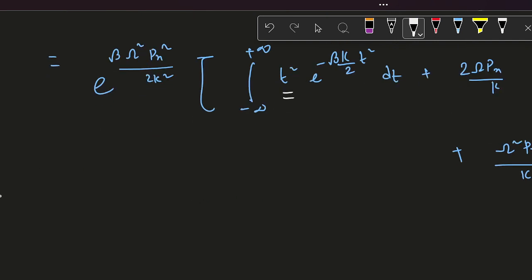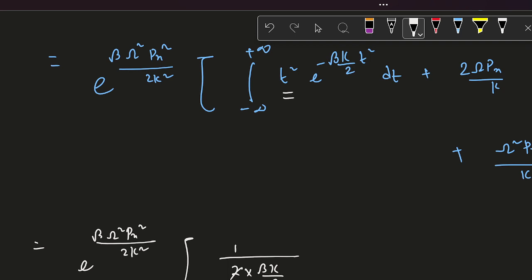So if you have to write down the results, then you can directly do them because you know the standard integral values. This is this whole constant into this thing is nothing but 1 by 2 into the constant is beta k by 2, right? So this is this, and then root over pi divided by beta k by 2, plus this is 0, plus the third term is omega squared px squared by k squared into root over pi by beta k by 2.